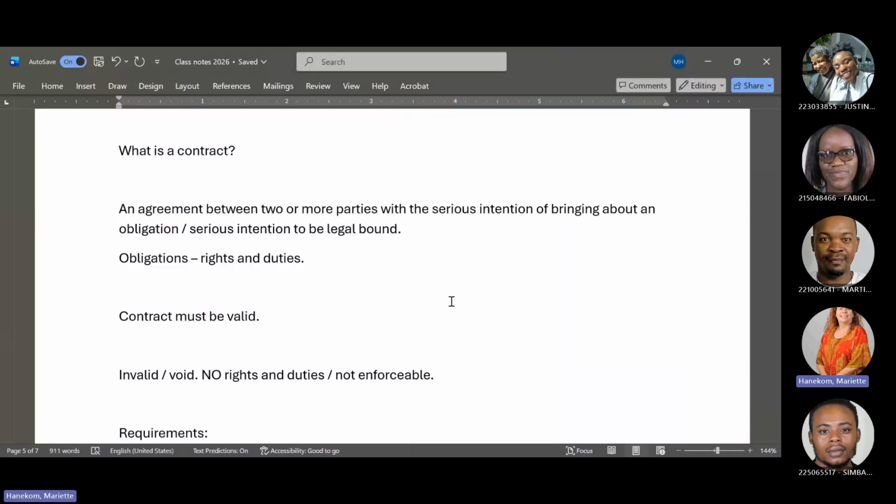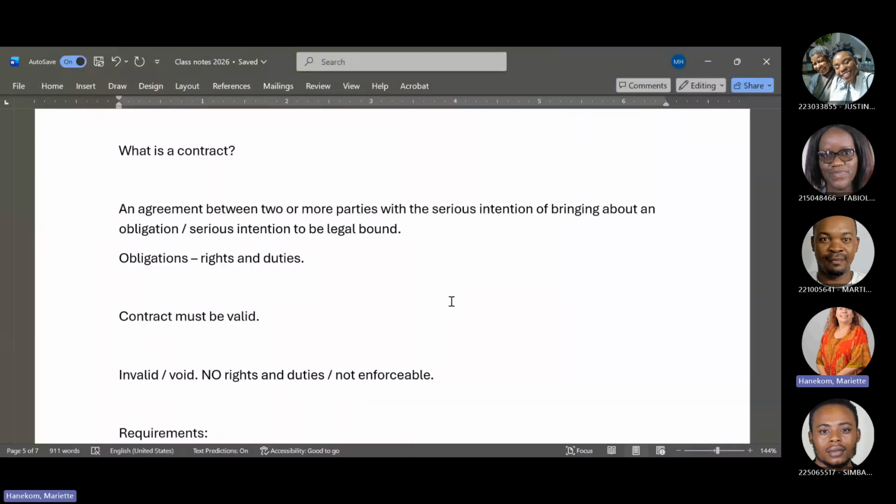But these obligations can only come into existence if the contract is valid. If the contract is not valid, it is in fact not a contract, it is nothing. There are no rights and duties, no obligations that arise from a contract that is not valid.